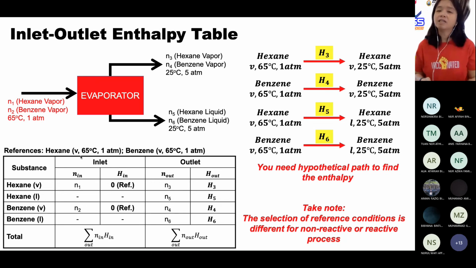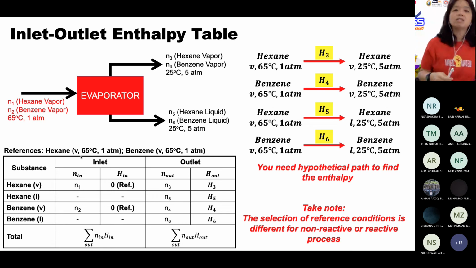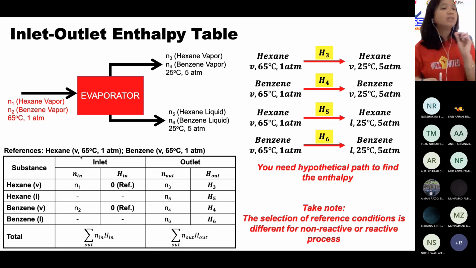Benzene, vapor, 65 Celsius, 1 atm. The reference conditions for separate compounds can be different. It doesn't necessarily have to be the same. If you want to choose different reference conditions for hexane and benzene, you can. But most important is that for every compound, you must put down the reference condition.